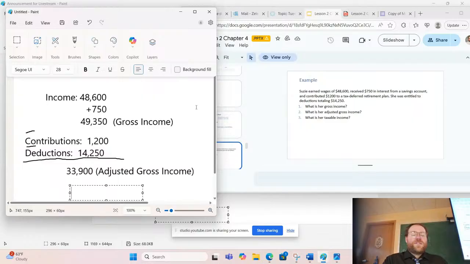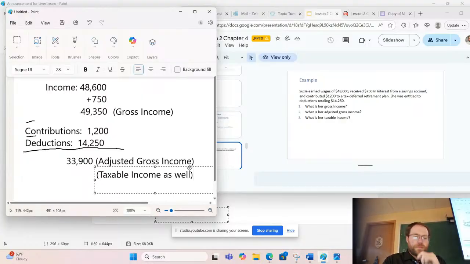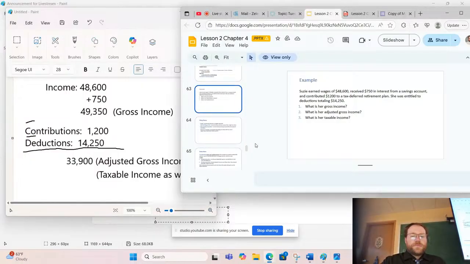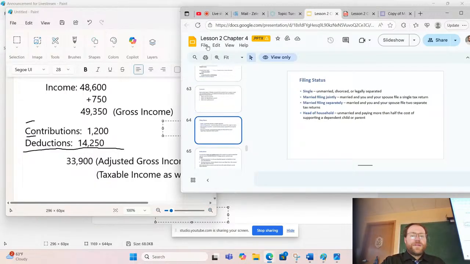And the $33,900 would also be considered her taxable income as well. Any questions on that example? Okay.